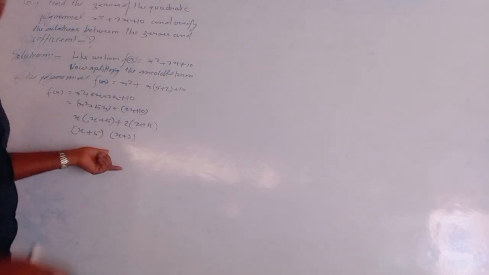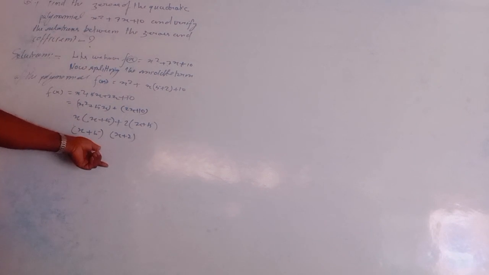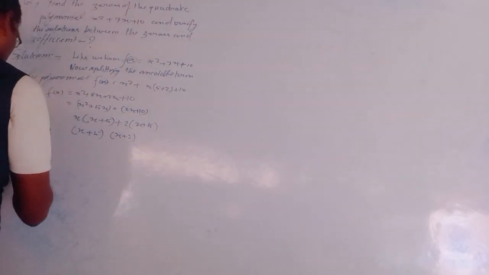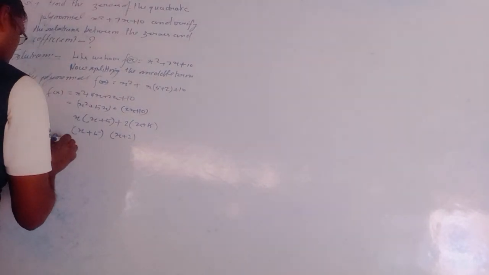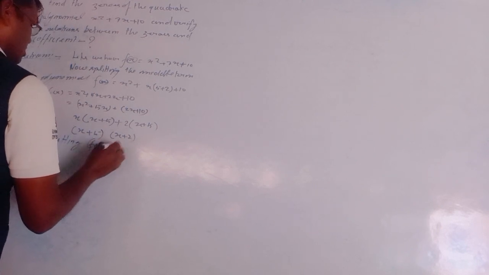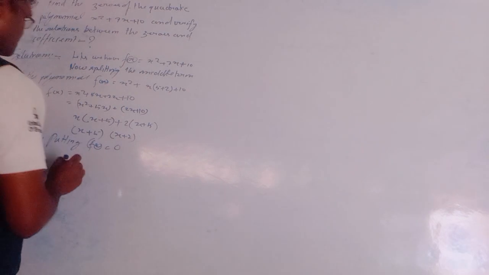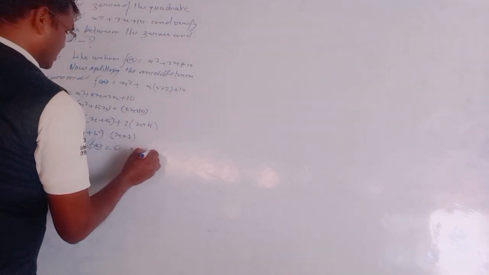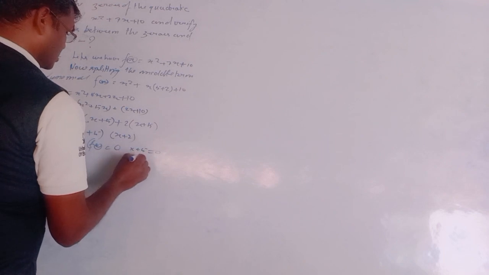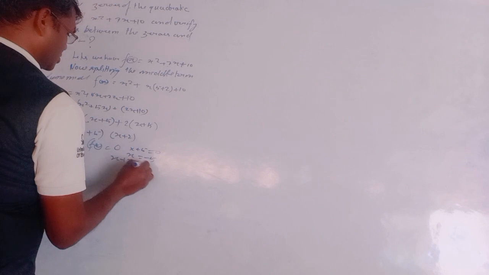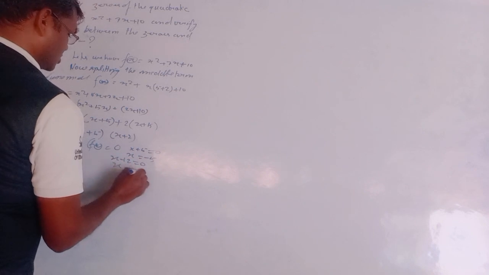On substituting f(x) is equal to 0, x plus 5 is equal to 0, then x is equal to minus 5, and x plus 2 is equal to 0, then x is equal to minus 2.